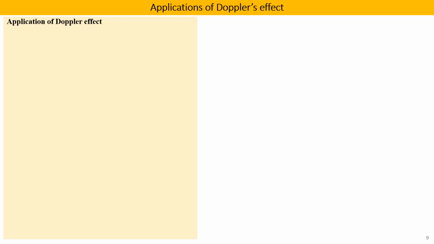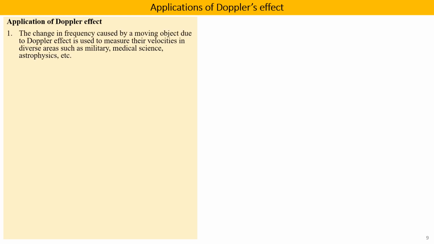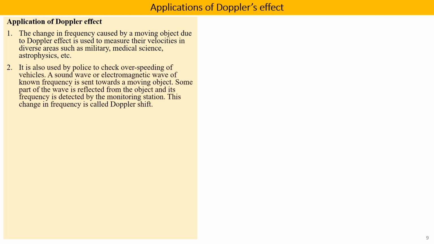Applications of Doppler's effect. The change in frequency caused by a moving object due to Doppler effect is used to measure their velocities in diverse areas such as military applications, medical science, as well as astrophysics, etc. It is also used by police to check the overspeeding of the vehicles.